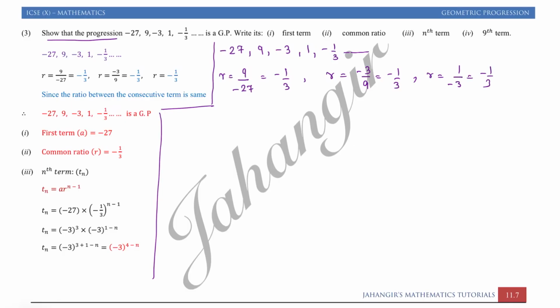Last में तो 1 by 3 है. So therefore again we saw the ratio between the consecutive terms is same. Everywhere we are getting same answer.